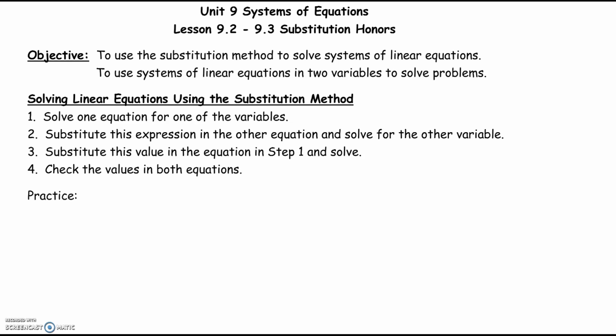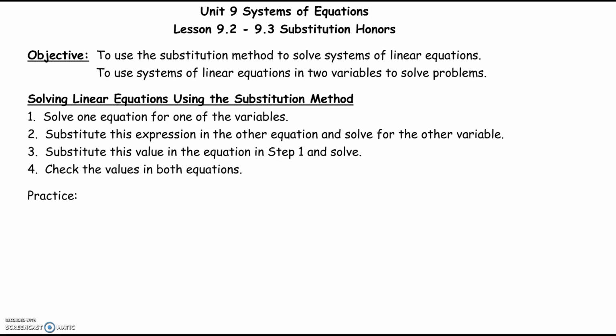They don't really make a lot of sense until we actually start applying them and actually solving a system using substitution. So the first step says to solve one equation for one variable. Basically, that means you're going to get one of the variables on either the left or the right side all by itself. Once you do that, whatever that variable equals, you will substitute it in for that variable in the next equation, the other equation.